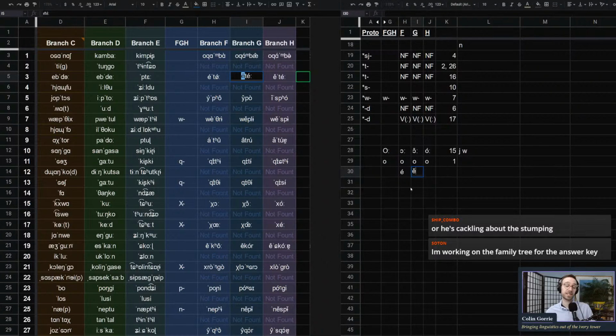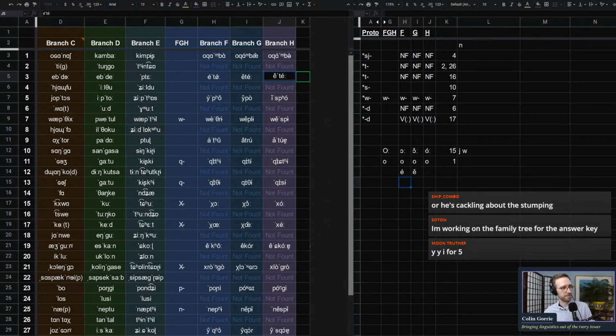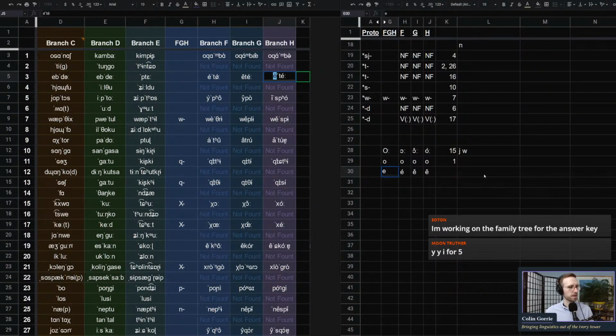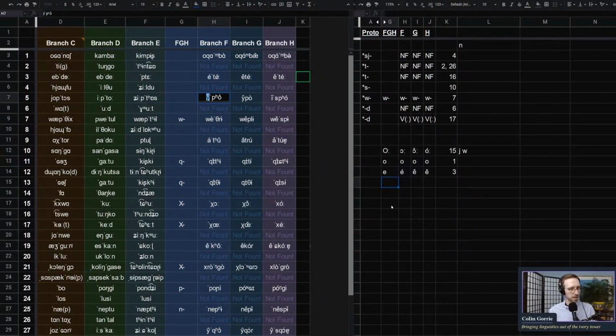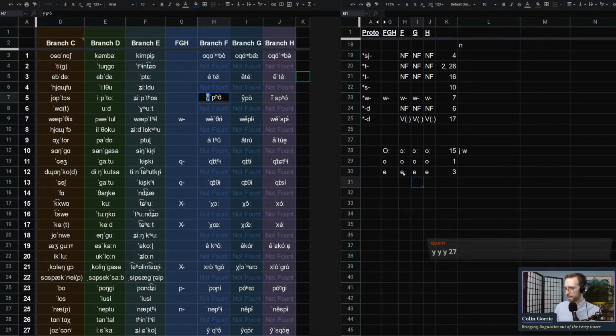We should reconstruct the tone separately from the vowels, but for now, let's just leave them here. Let's just ignore the tones for now, just to make typing easier.